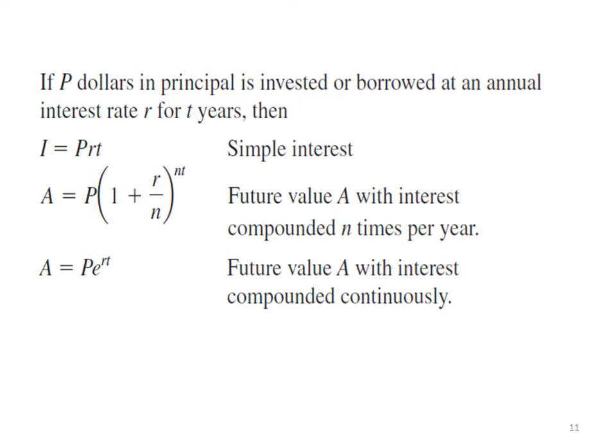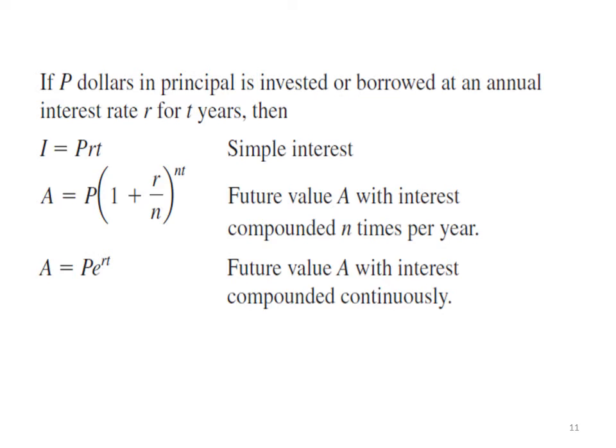P is the original amount you started with, times 1 plus R over N. R is the rate, and N is the number of times we compound the interest. All this is raised to N times T, where T is the time. The variables here are A and T.